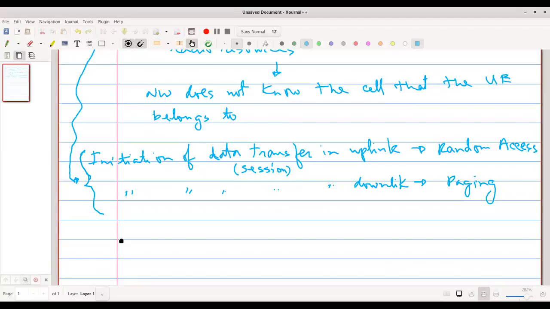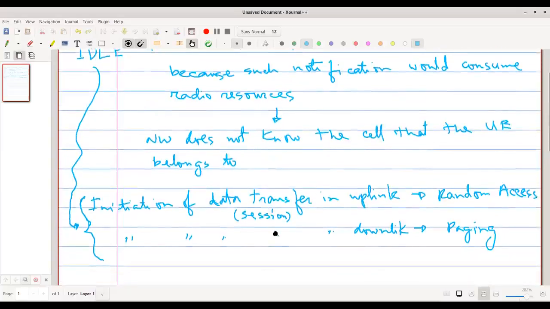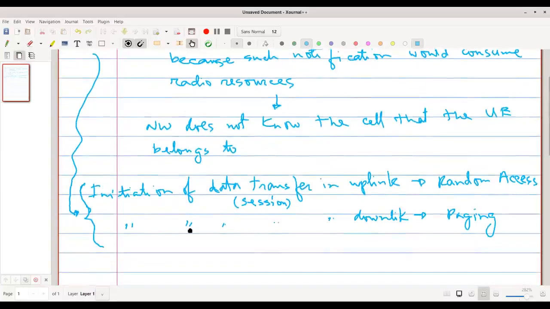But now all the cells in the country have to notify, right? So the paging operation in this case can again be burdensome for the resources.